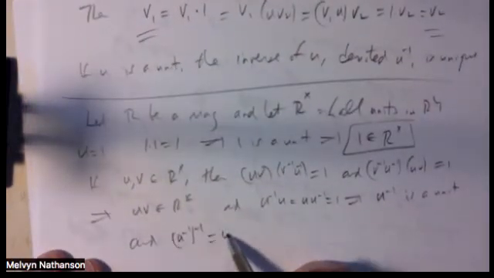So UV is a unit. So the product of units is a unit. And U inverse U equals U U inverse equals 1 means U inverse is a unit, and the inverse of U inverse is just U.